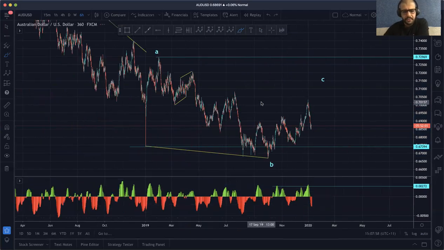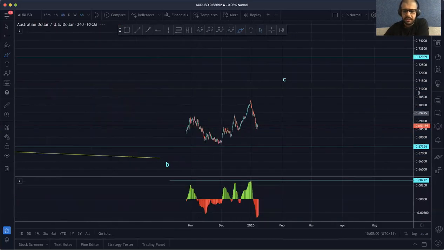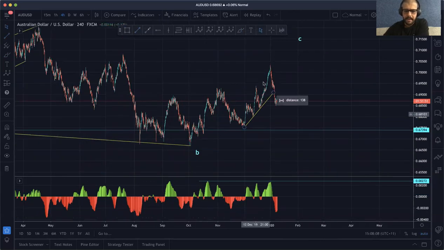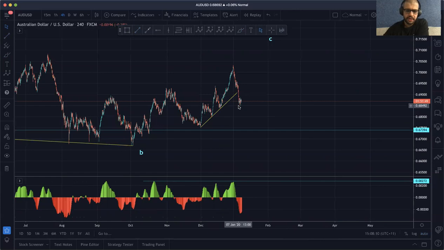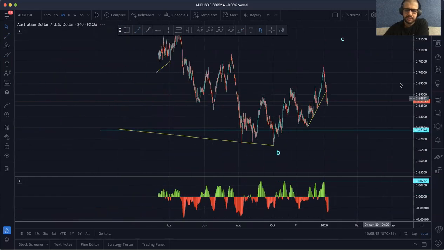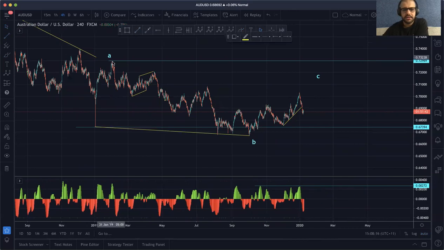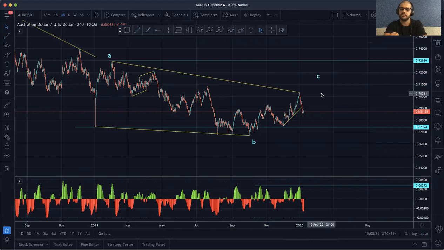However, I'm not looking at that for a few reasons. The first one, with this more aggressive trend line, we do have the break of that trend line, and the market does look like it's consolidating. Another reason is, and this is just trying to draw conclusions with the fundamentals, or actually what's happening within the economy.